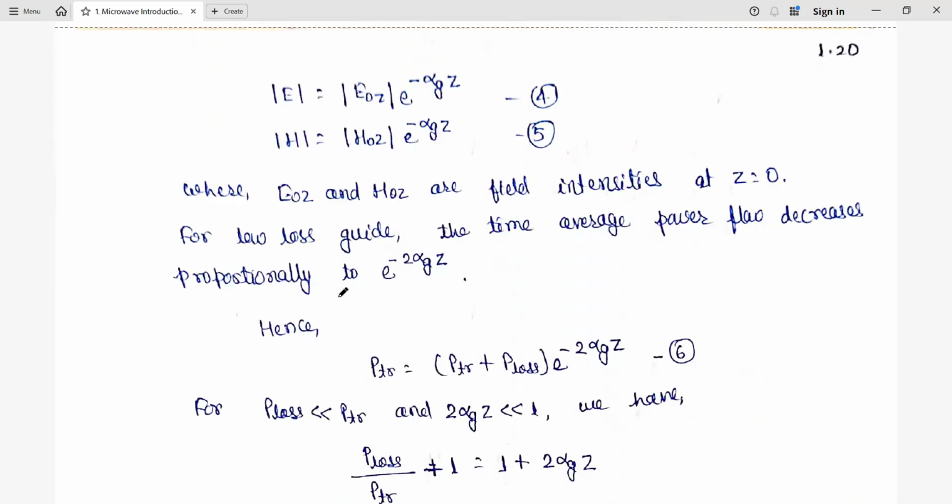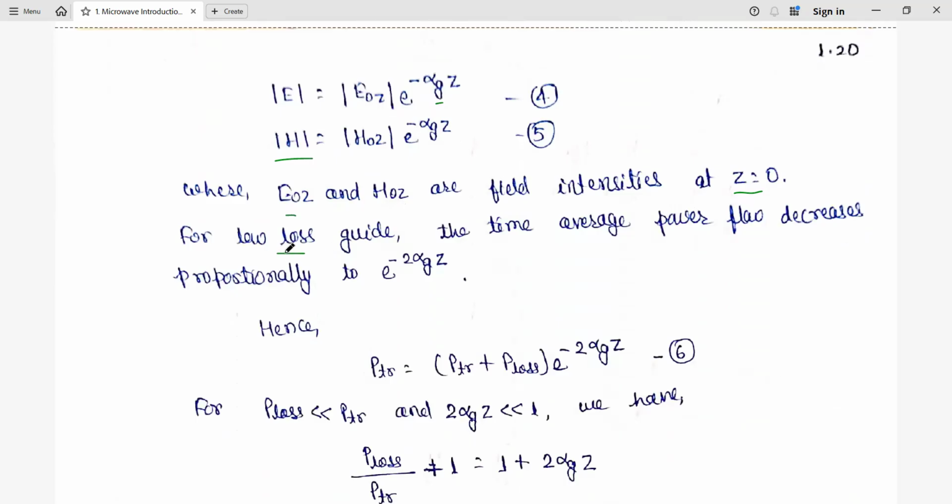So the electric field modulus is given as E0z e to power minus alpha g z, where g is for the waveguide, and E0z and H0z are the field intensities at z equal to 0 when we start. Similarly, the modulus of the magnetic field is modulus of H0z e to power minus alpha g z. Now, in case of a low loss guide, the time average power flow decreases proportionally.